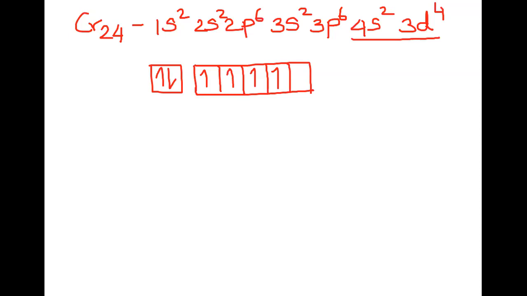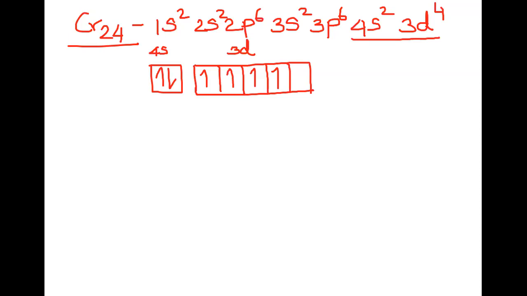Now, if you talk about chromium, then this is just one electron short of completing its half-filled stability. So if one electron from 4s can jump and go to 3d, then what will happen? That 4s will also have a half-filled stability and 3d will also have a half-filled stability.